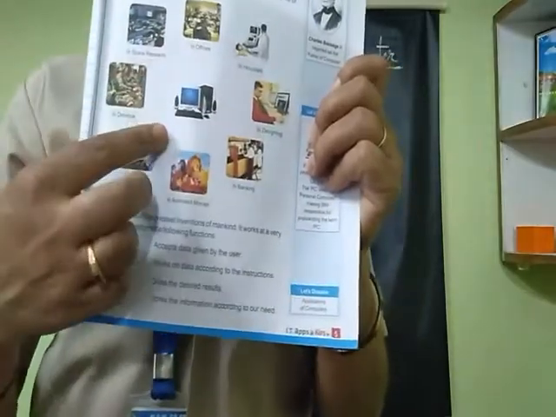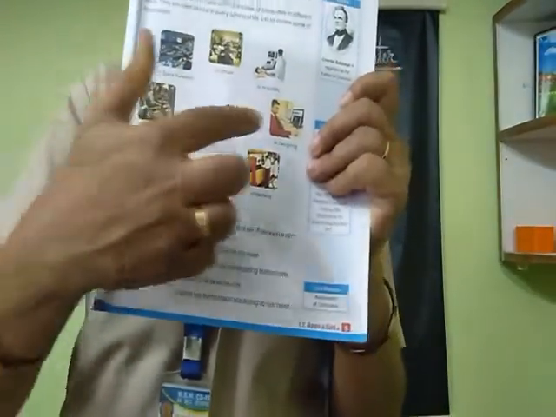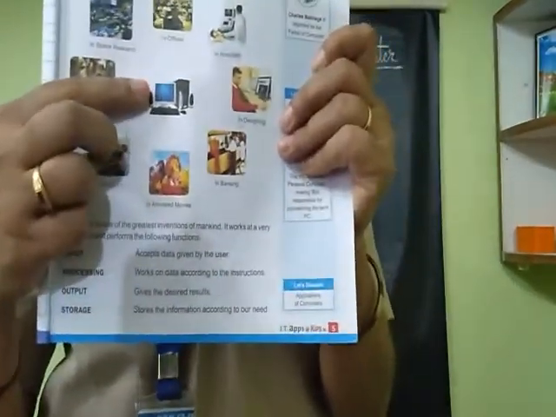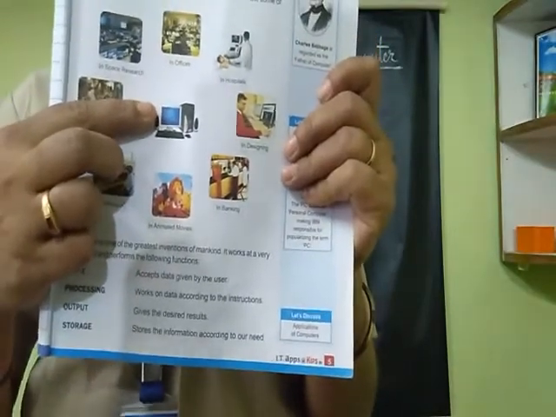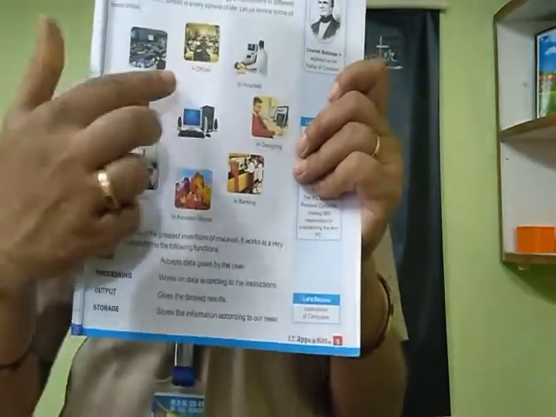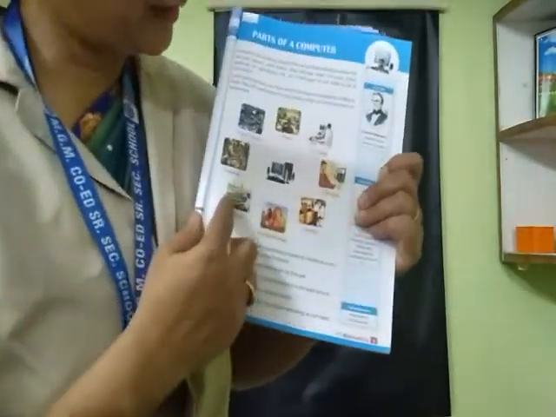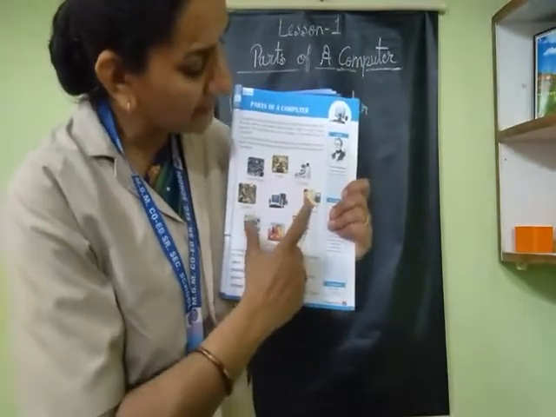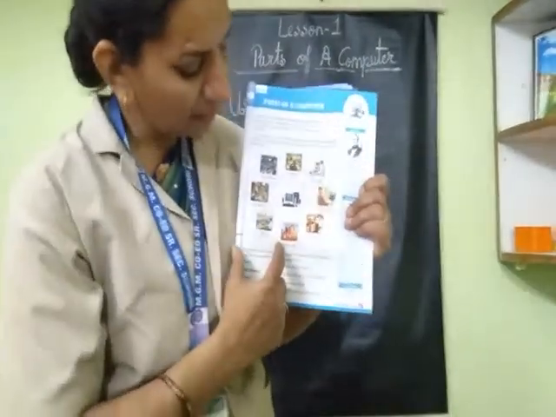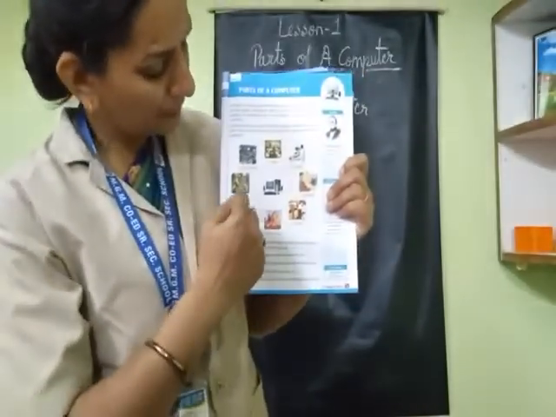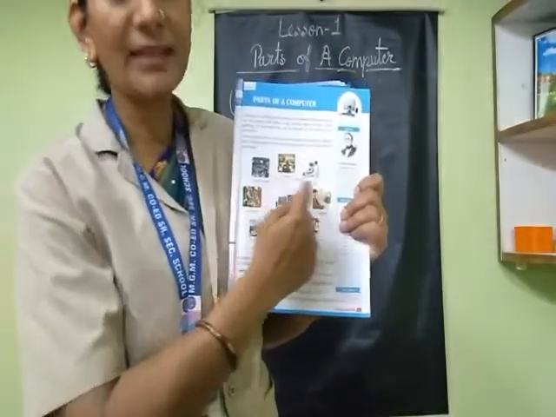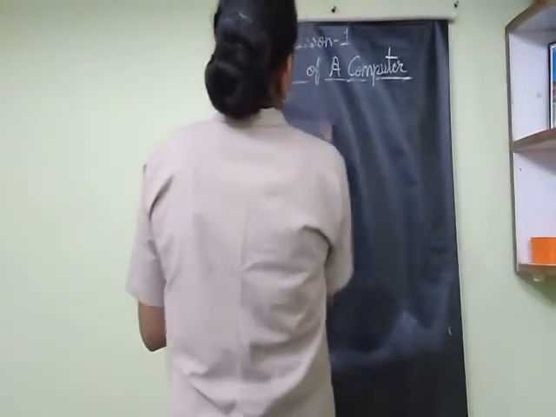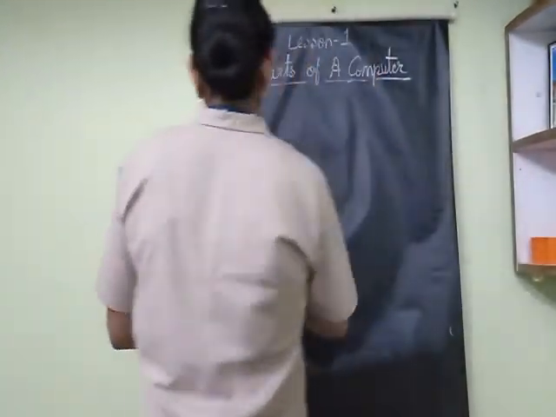You can see all these pictures, and through the pictures you are able to understand the uses of computer, because computers are used in different fields like offices, hospitals, banks, designing, animated movies, airports, defense, etc. Okay, so all understood.